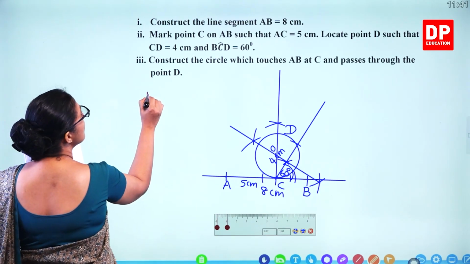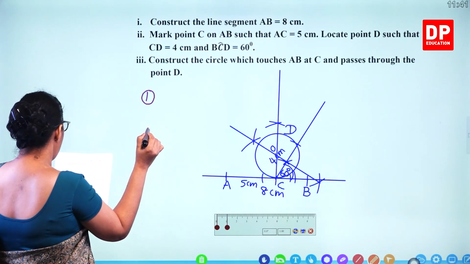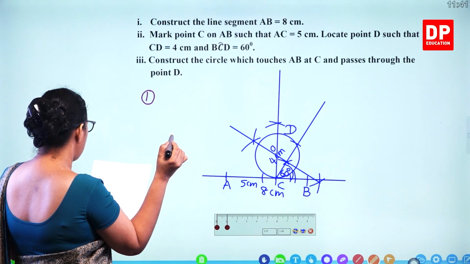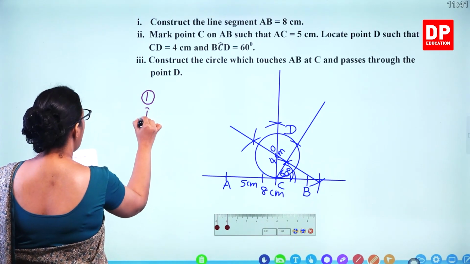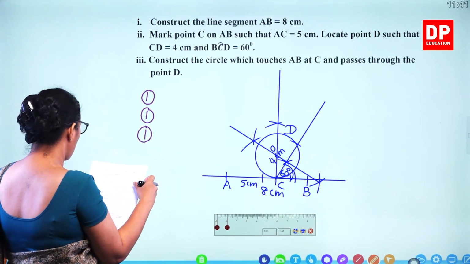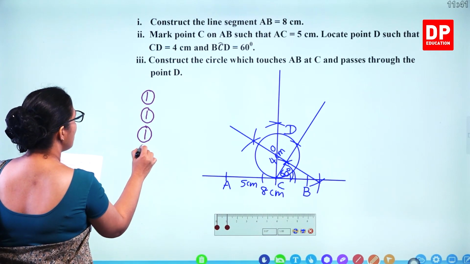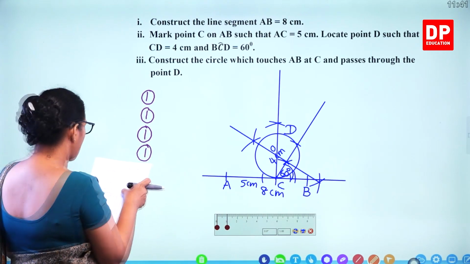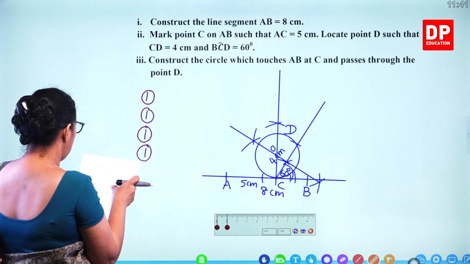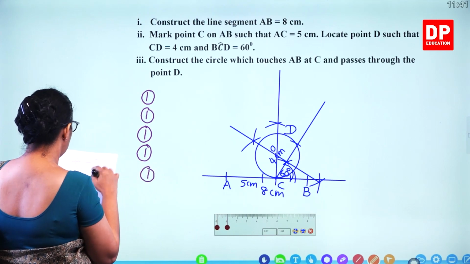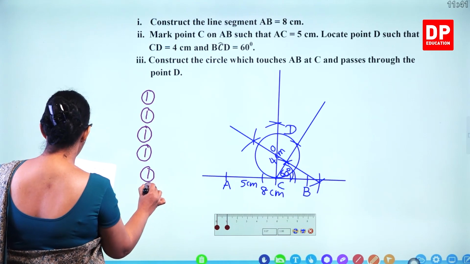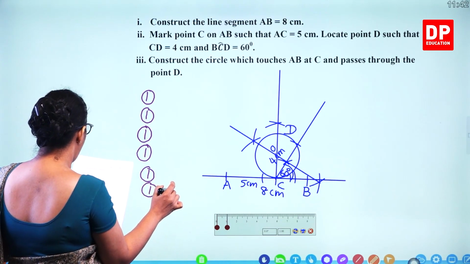You are getting AB length 1 mark, AC 5 centimeter and marking C point 1 mark. 60-degree angle at C 1 mark, and CD 4 centimeter 1 mark, and perpendicular at C you get 1 mark, and perpendicular bisector of CD 1 mark, and circle 1 mark.